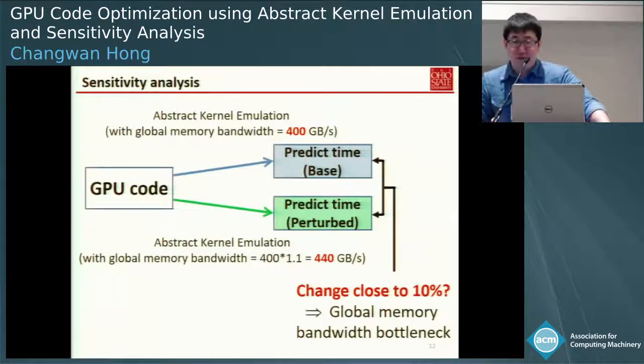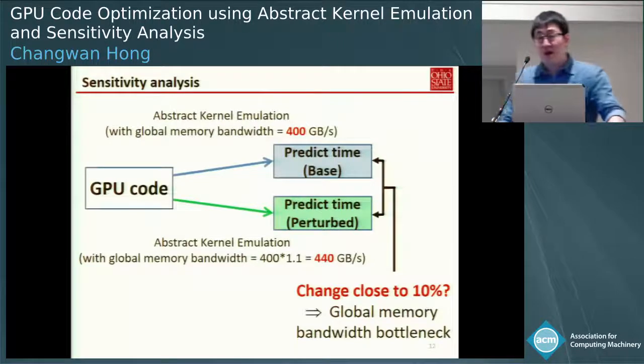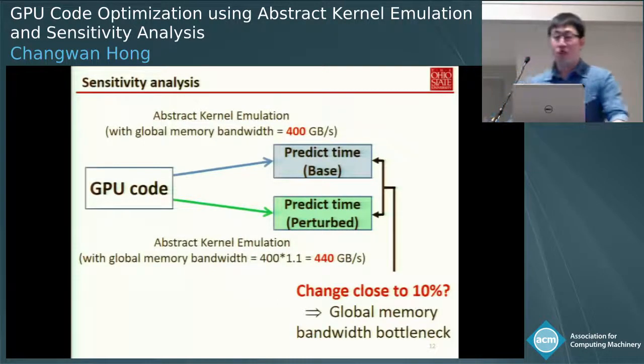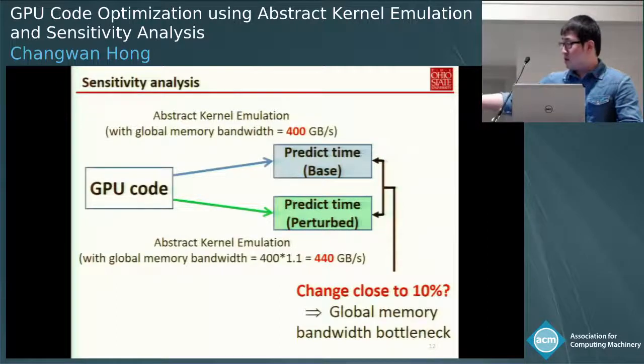Now, we can identify performance bottlenecks by launching multiple abstract kernel emulations with different hardware parameters. For example, if we want to know whether global memory bandwidth is a bottleneck or not, then we can do 2 abstract kernel emulations. For the first one, we use the original global memory bandwidth, which is assumed to be 400 gigabytes per second.